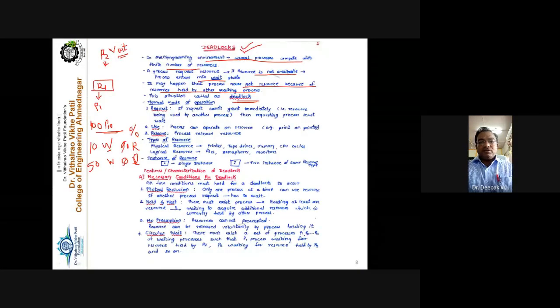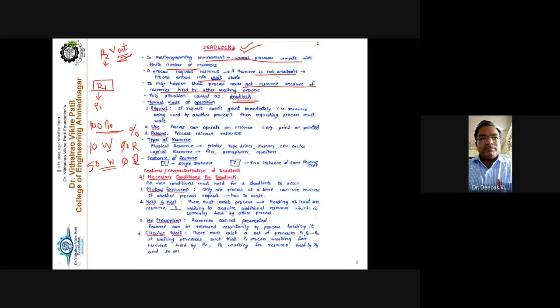Initially 90% of processes were in a running state and only 10%, a negligible amount, were waiting. Now as time passes, the number of waiting processes increases. So 50% of processes are in a waiting state, similar to your P2. They are waiting to get that particular resource, and they could not get it because it has already been assigned to some other running process.